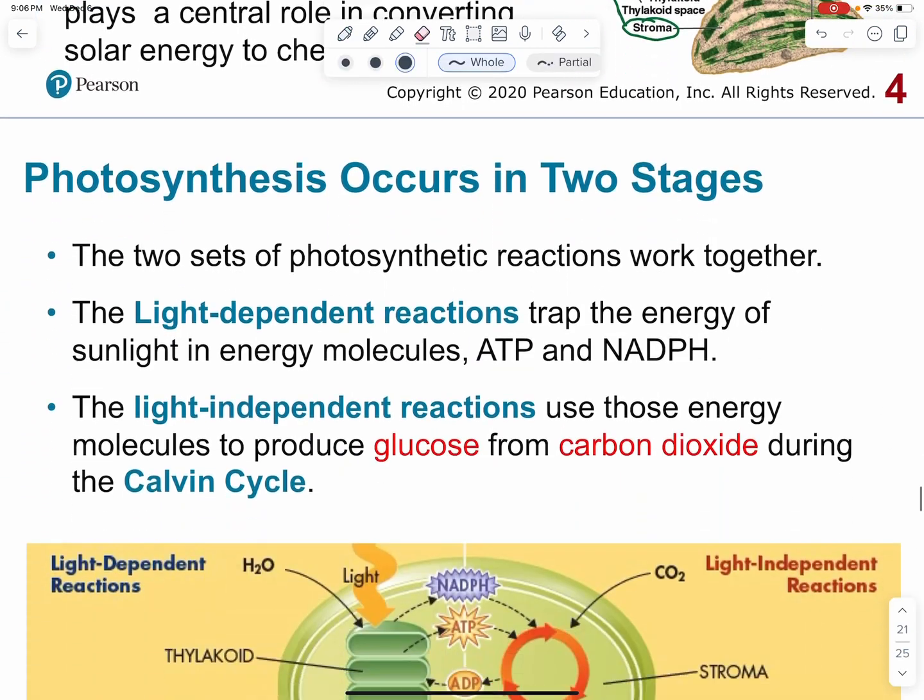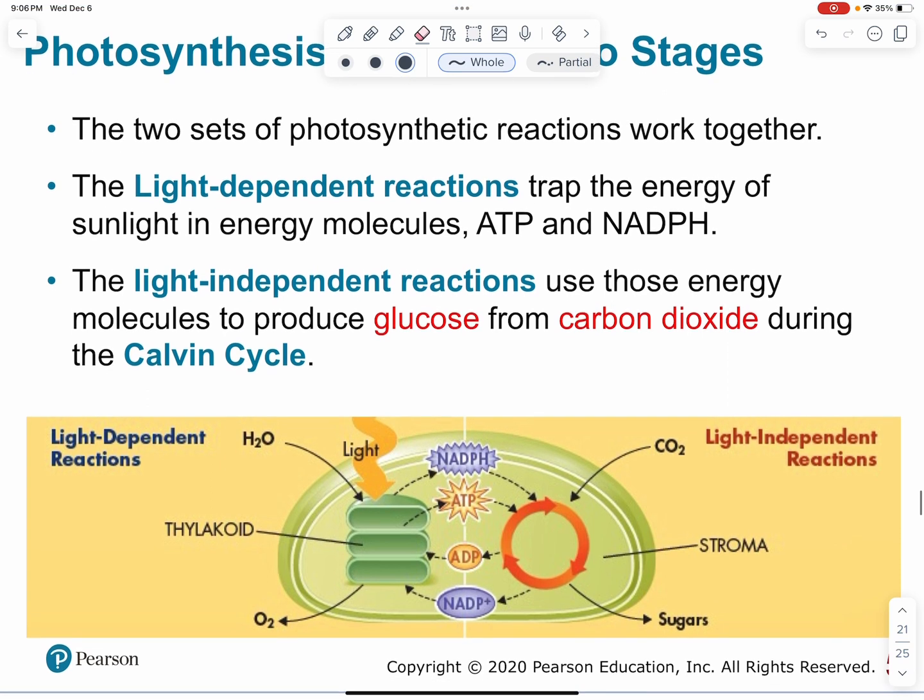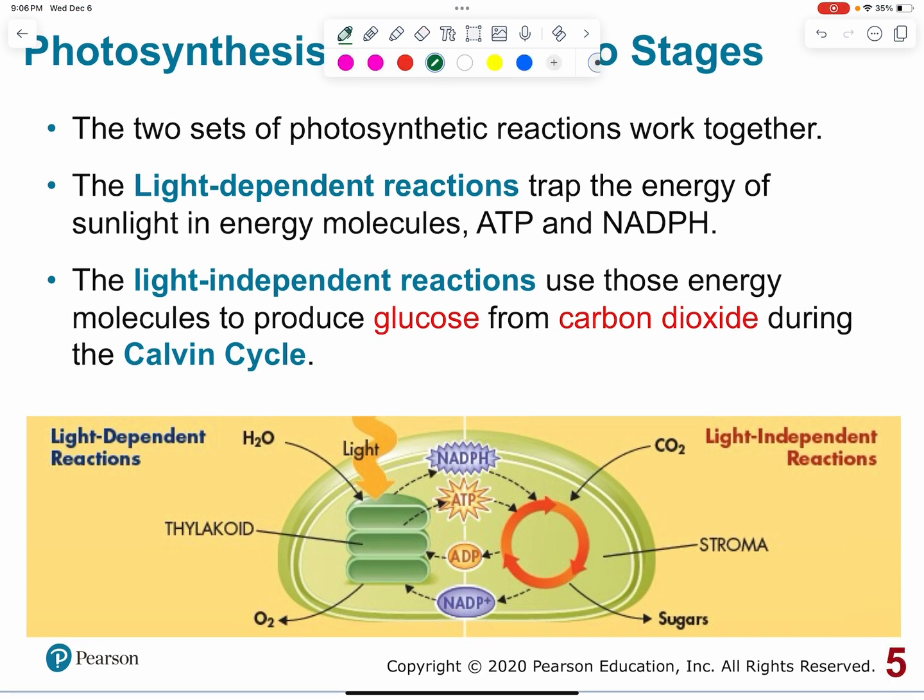So let's go over the 2 stages. One stage needs light. It's called light dependent. The second one does not need light, and it's called light independent. In my day when we learned this, it was called the light reaction, and this one was called the dark reaction.